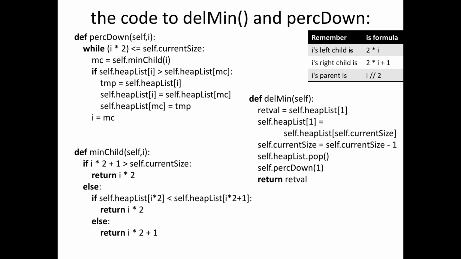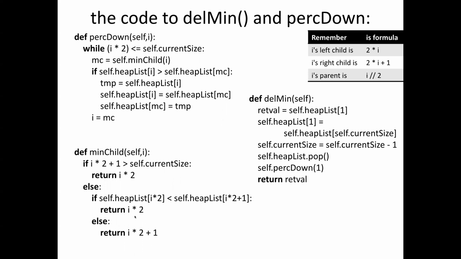Remember, the left child is 2 times i, and the right child is 2 times i plus 1. If i times 2 plus 1 is greater than the current size, that means there's no right child, so you just return the left child, which is i times 2. Otherwise, if you have both children and the left child is less than the right child, then you return the left child. Otherwise, you return the right child.